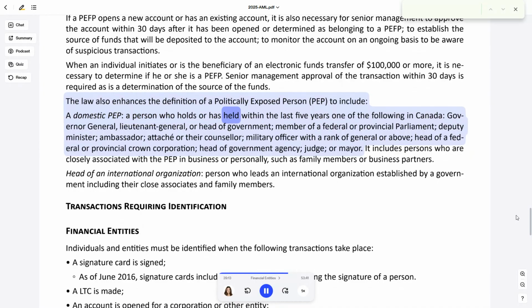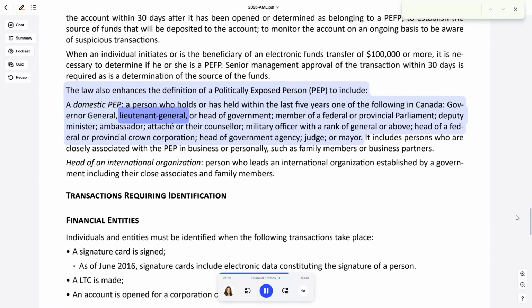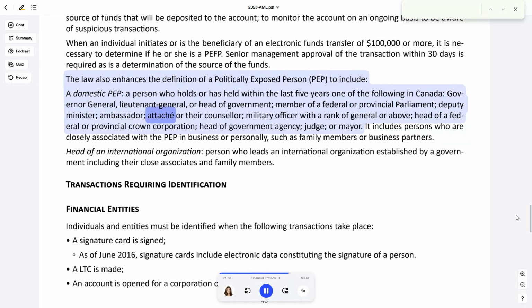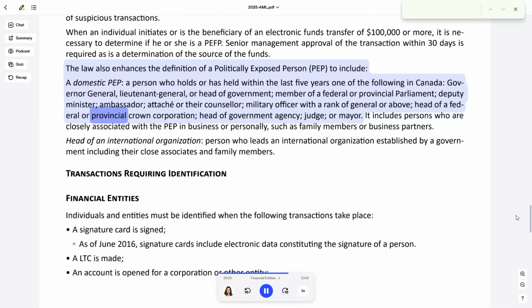The law also enhances the definition of a politically exposed person, PEP, to include a domestic PEP, a person who holds or has held within the last 5 years one of the following in Canada: Governor General, Lieutenant Governor, or Head of Government, member of a federal or provincial parliament, deputy minister, ambassador, attaché or counselor, military officer with a rank of general or above, head of a federal or provincial crown corporation, head of government agency, judge, or mayor.